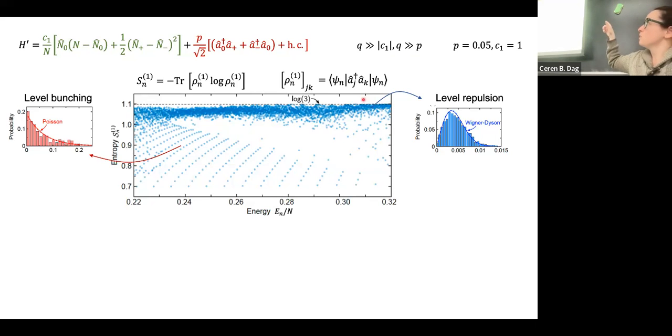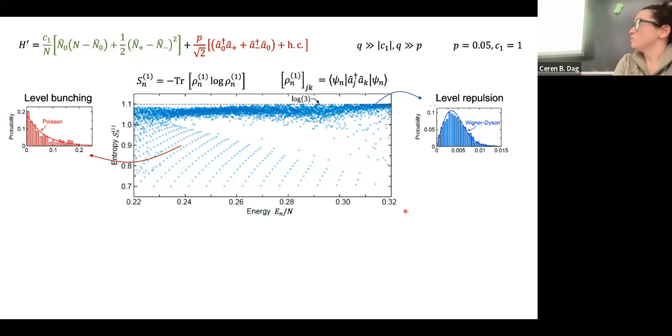But here, this one-body density matrix is already mixed when you write it down. That's the reason you can have non-zero values for this entanglement entropy here.